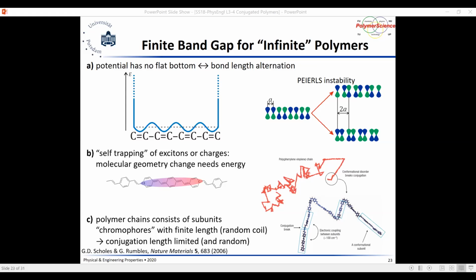And unfortunately, the nature of these systems is that they have misalignment. So the pz orbitals are often misaligned, and this breaks the electron delocalization. As a result, it forms isolated regions of conjugation that act as individual chromophores.